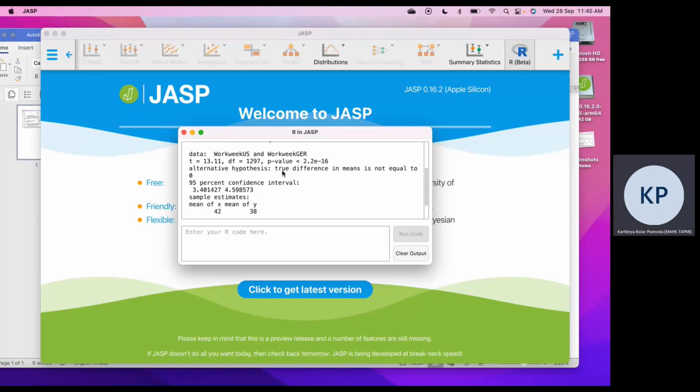So they are going to be two different details altogether. And this is how we can carry out an independent sample t-test by making use of R in JASP, when the details of the sample are not given, but rather only the aggregate values have been provided to us. Thank you.